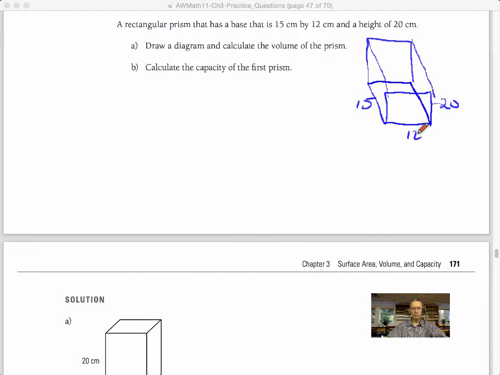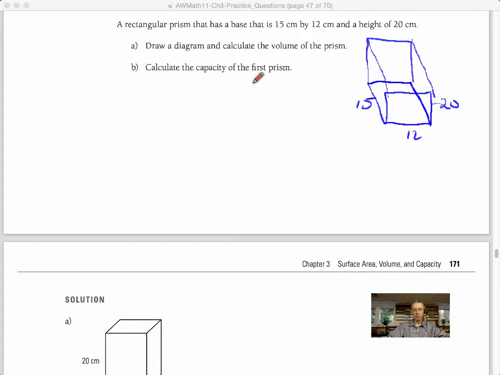Calculate the capacity of the prism. So, part A was calculate the volume. It's a rectangular prism that has a base and a height. Now in this case, if we assume it's hollow, it will have the same volume and capacity.